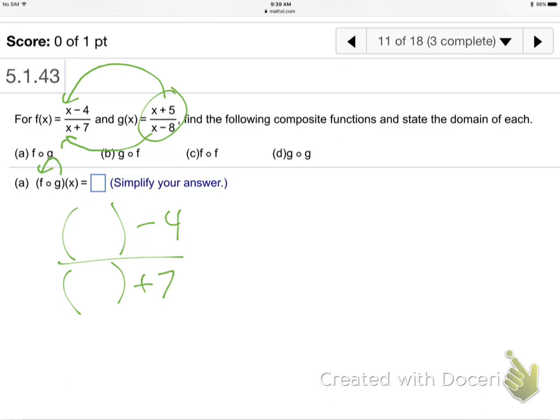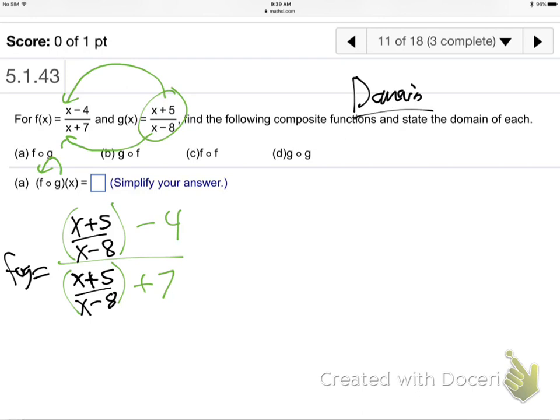Plugging in g, which is x plus 5 over x minus 8. Good? So there's f of g. Before we clean it up, in a minute we're going to multiply everybody by x minus 8, because that's the little denominator. But first, let's do the domain question.